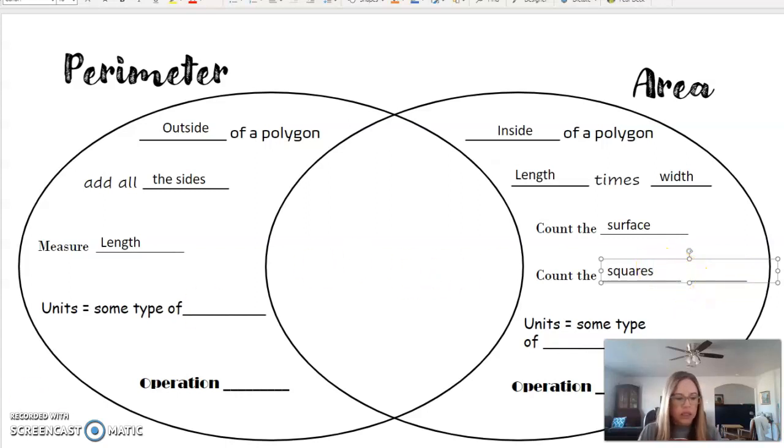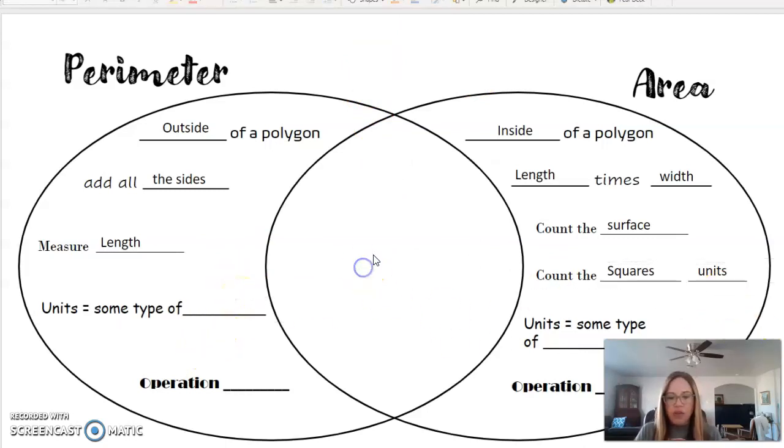If you had little squares covering the surface, you would count the little squares. So that's actually what area is. It'd be like if you're measuring your TV and you put little squares all over the surface of the TV, and you counted the squares. How many squares would it take to cover up whatever it is you're measuring, your TV in this example?